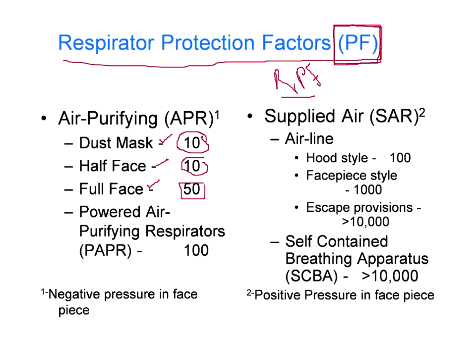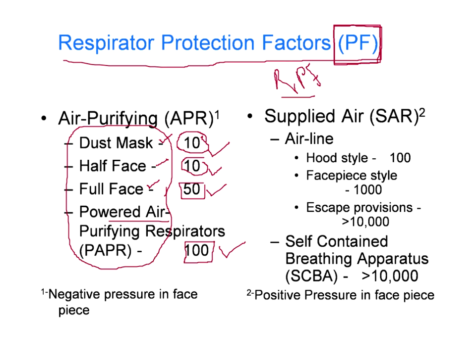Yeah, and the next is about respiratory protection factors. PF means protection factor. If it is written as RPF, we call it respiratory protection factor. How much factor is there for each level?